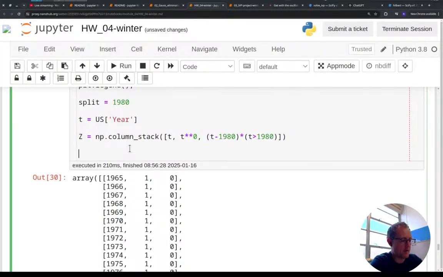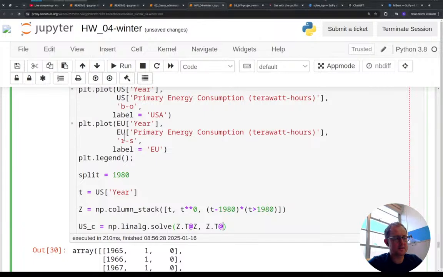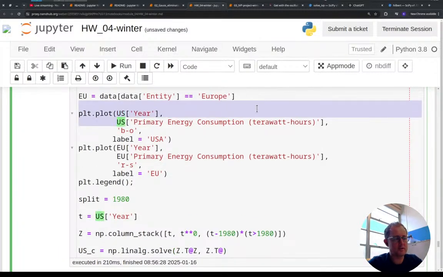Cool. Now I want my US coefficients, USC, is np.linalg.solve of Z transpose times Z, and then Z transpose times my US primary energy consumption.